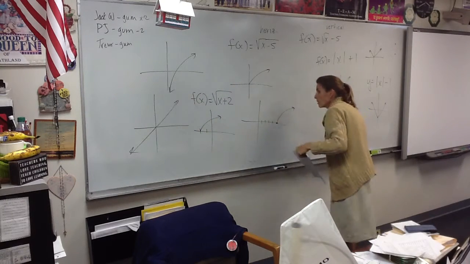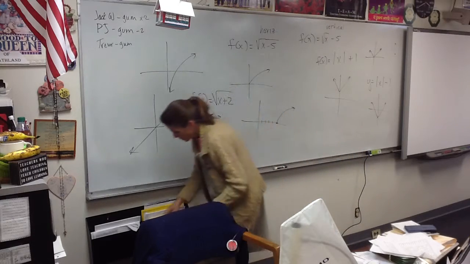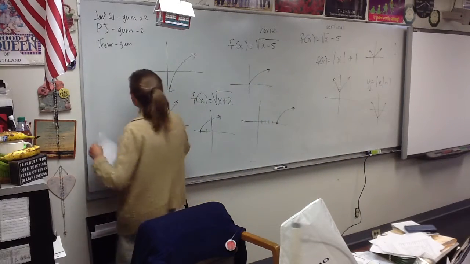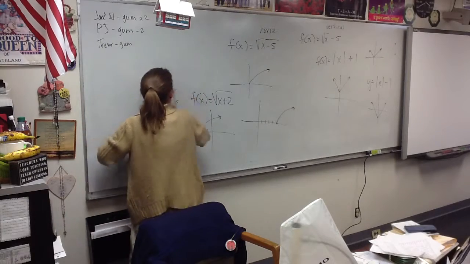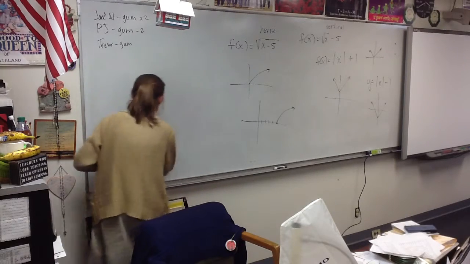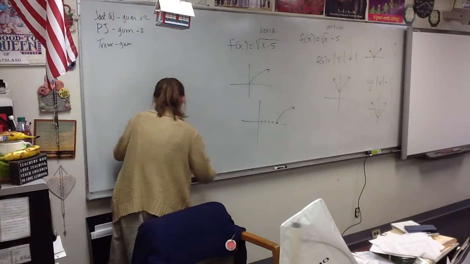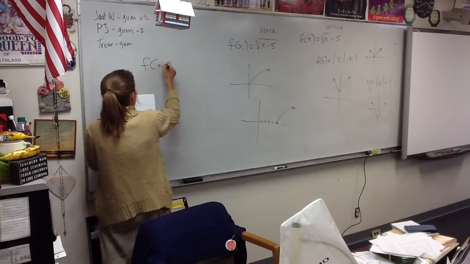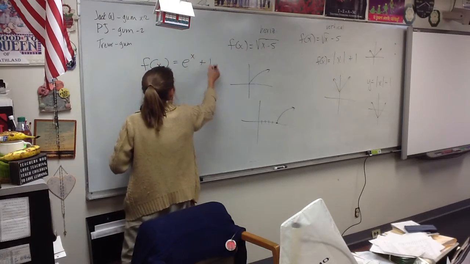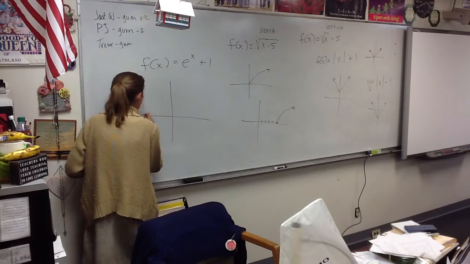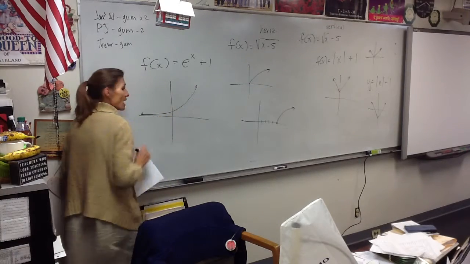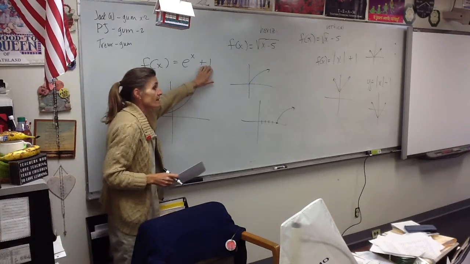All right, 3 more, and then we'll stop and switch gears. What do you think happens in problem C, kids? This is our exponential, so we're going to start with that. What does that do to it?